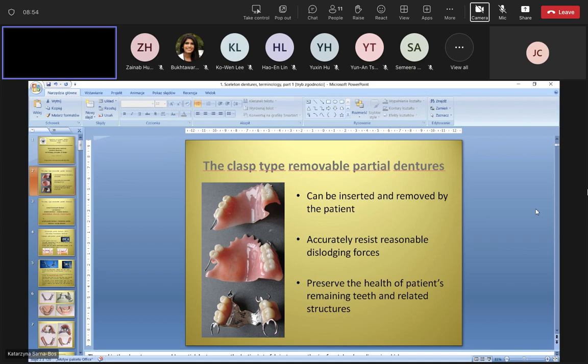And thanks to that, this denture can be supported in two ways. So it can be supported on teeth, tooth-borne, in the case of edentulous arches bounded by remaining teeth.